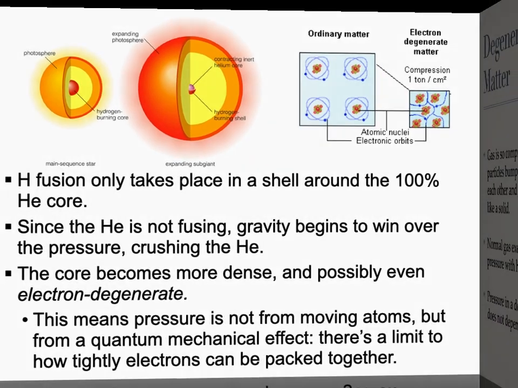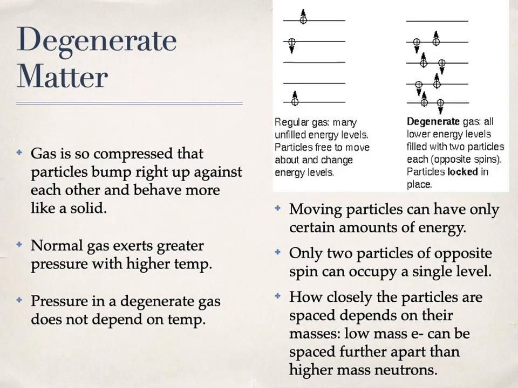So when we compare this, think about this in terms of other states of matter that you understand a little bit. You're used to talking about things like solids, liquids, gases, even plasma, right? Those things are vastly different from degenerate matter.